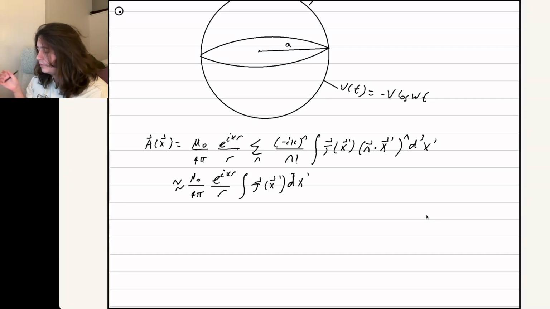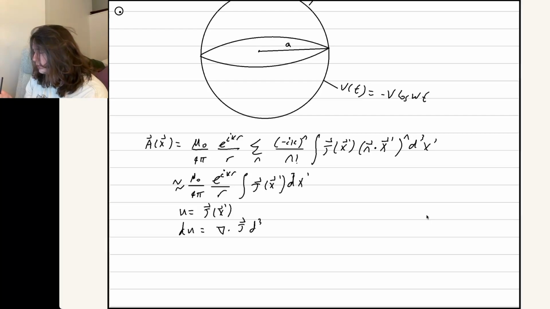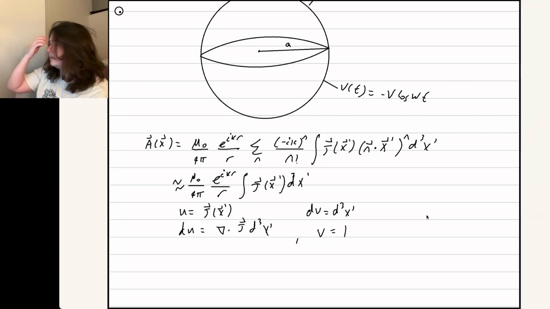You can do a little bit of integration by parts on this. Your u is equal to your current density, your du is the divergence of said current density, and your dv is just your volume element, which has a result of 1.